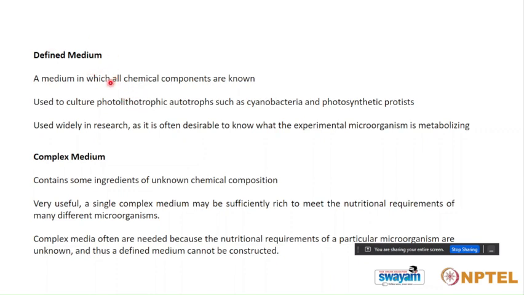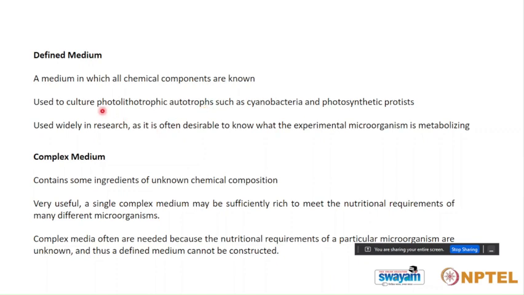This defined medium is basically used to culture photolithotrophic autotrophs such as cyanobacteria and photosynthetic protists. Here photolithotrophic autotrophs refers to organisms which rely on light for synthesizing their own food, and lithotrophs refers to inorganic substrates which they consume.